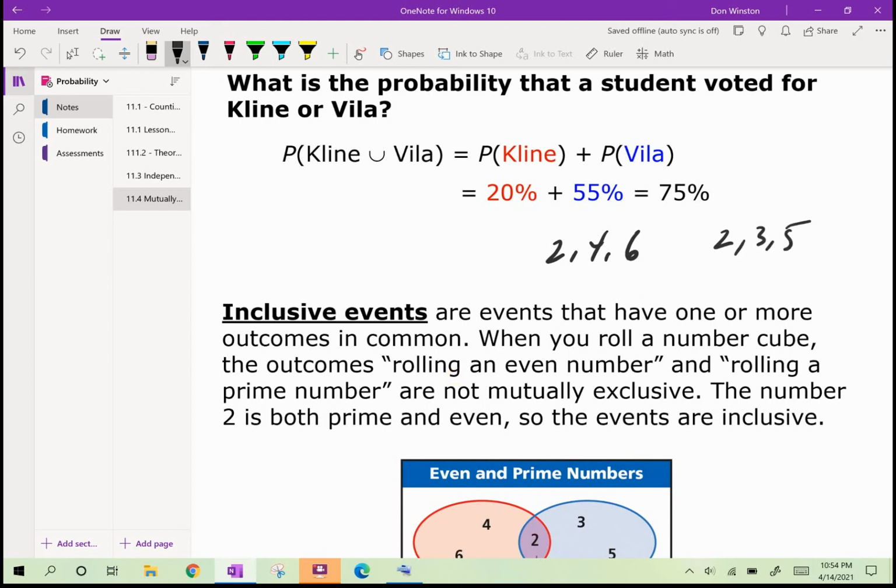But notice, you do have something in common. So this was even number, and then prime number, what you have in common is the 2. Okay, so inclusive events. The number 2 is both prime and even, so the events are inclusive.